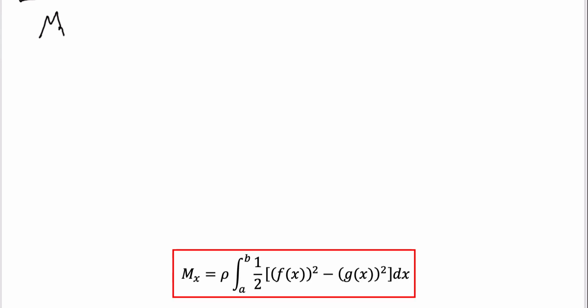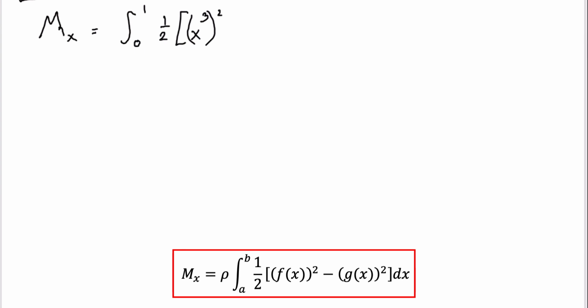Now finding the moment about the x-axis. Rho again is 1. We are integrating from 0 to 1, 1/2 times f of x, which is x cubed. We want to square that.